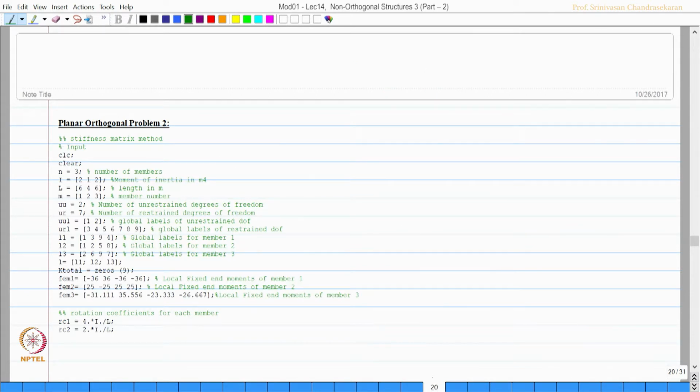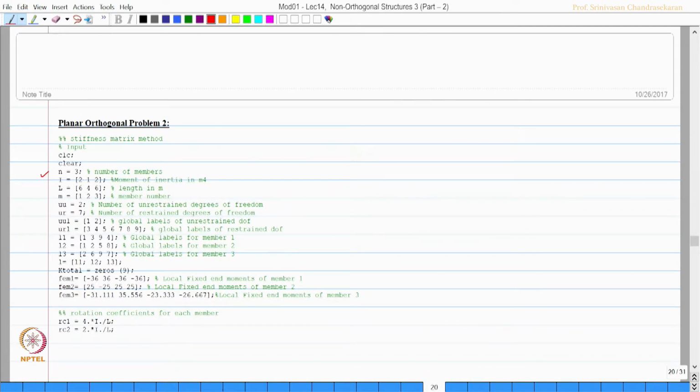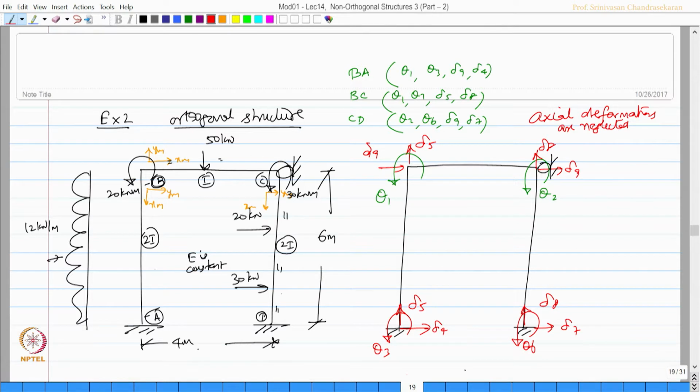We have a computer coding now. There are 3 members, I am marking them with red color for our clearance. 3 members, I is varying, you can see here 2I, I. So, I can say 2 1 2, fine. Member lengths in meters 6 meter, this is 4 meter, this is again 6 meter.